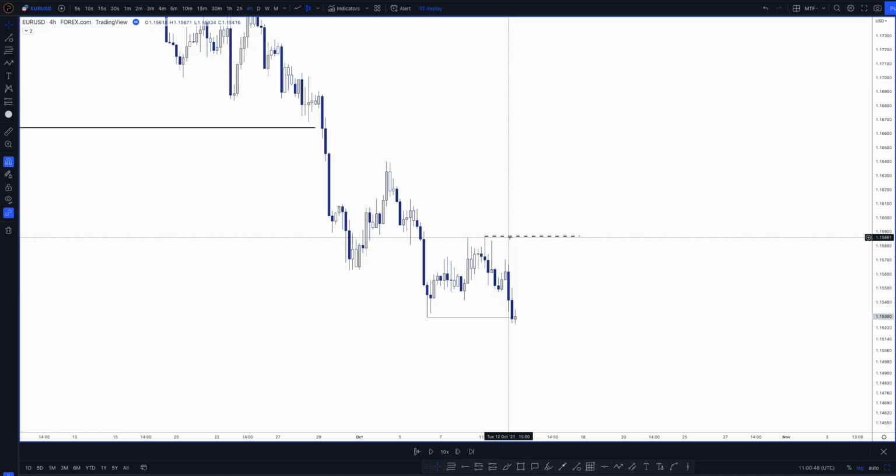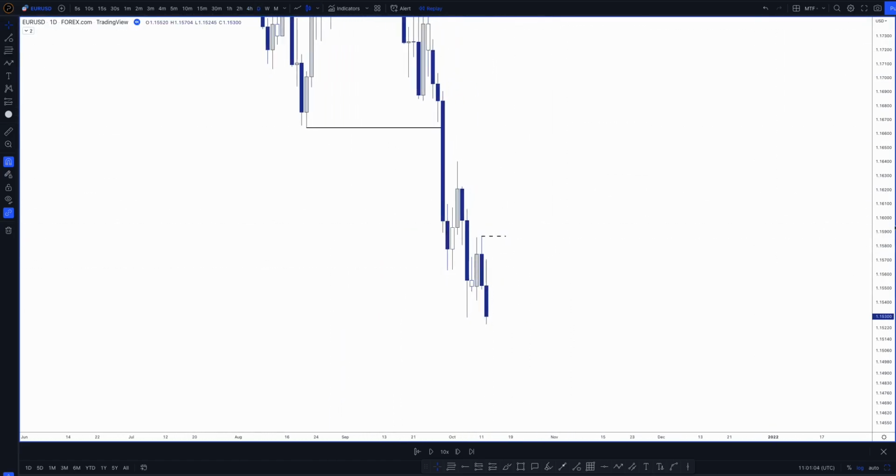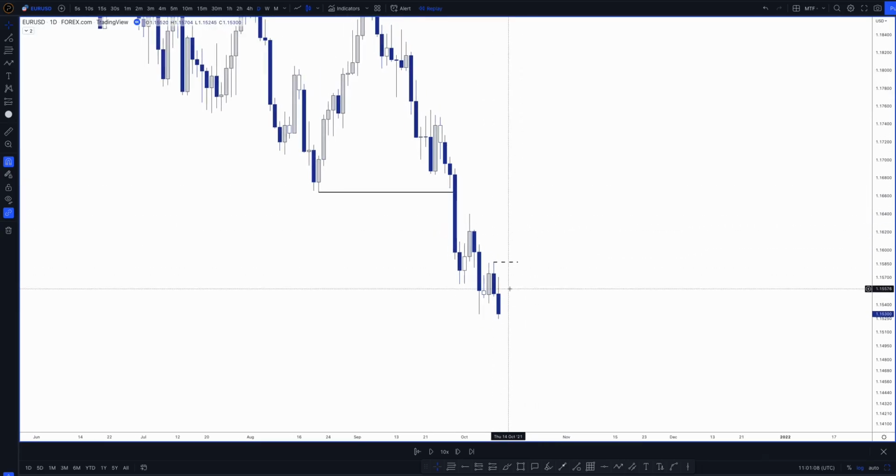So the point I'm trying to make here is when you define your structure, whether you're drawing swing structure, fractal structure, or internal, you define it on the time frame you are on, okay? So when we're on the daily chart here, that's where the fractal high is because it's mechanical. You don't draw the fractal high because of how the 4-hour chart is looking.